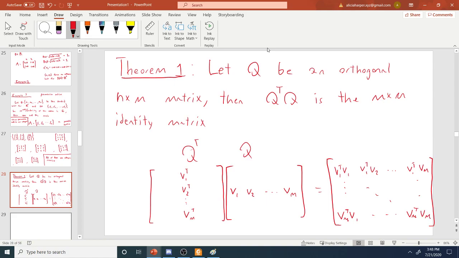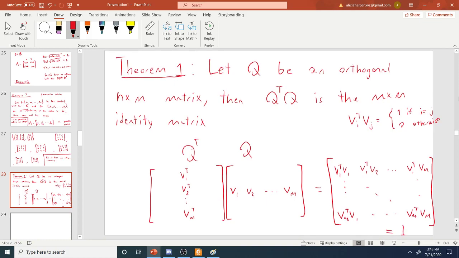And now, because we've assumed that Q is an orthogonal n by m matrix, we know that the columns form an orthonormal basis, so that tells us that Vi transpose times Vj is simply going to be equal to 1 if i is equal to j and 0 otherwise, which means the only non-zero things of this matrix right here are precisely the things along the diagonal, and all of them are equal to 1, so this is, of course, the identity m by m matrix.